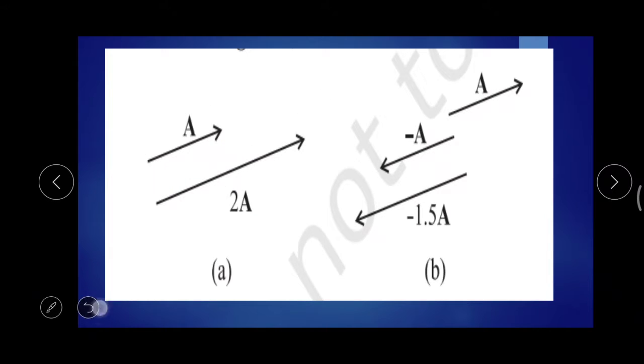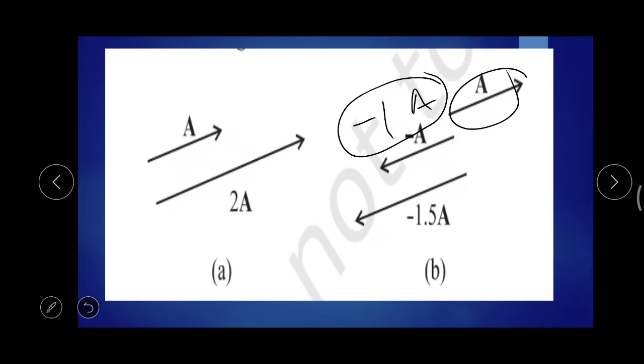Now another one, a vector a is multiplied with minus 1. The magnitude is the same because it is multiplied with 1, but as the minus is there, its direction is changed to the opposite direction. Afterwards the vector a is multiplied with minus 1.5.